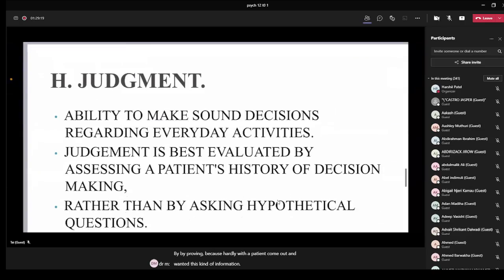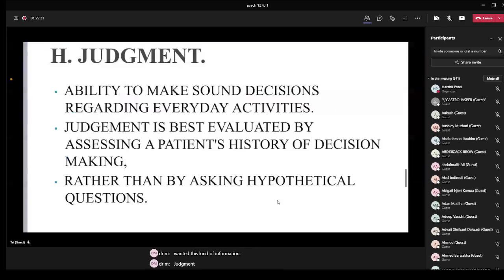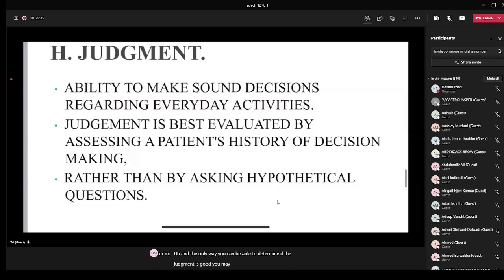Judgment, and this refers to the ability to make sound decisions regarding everyday activities. And the only way you can determine if the judgment is good is by assessing the patient during the history.